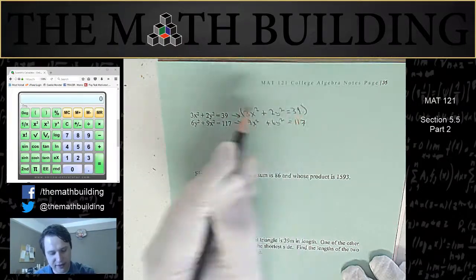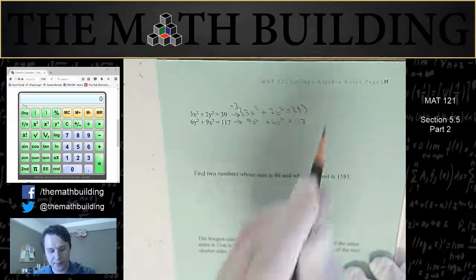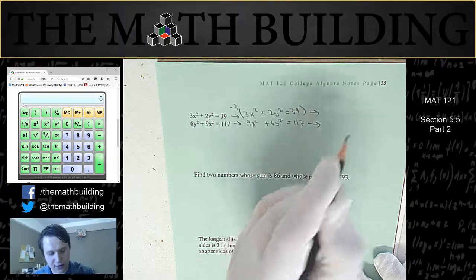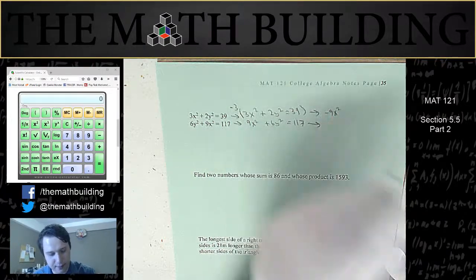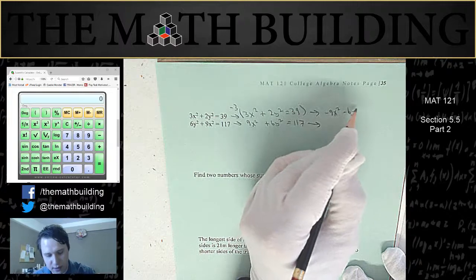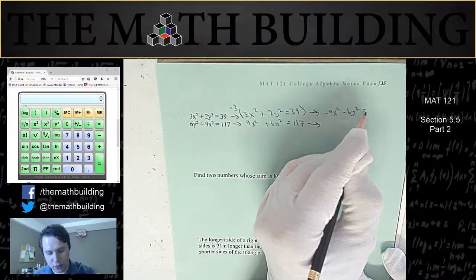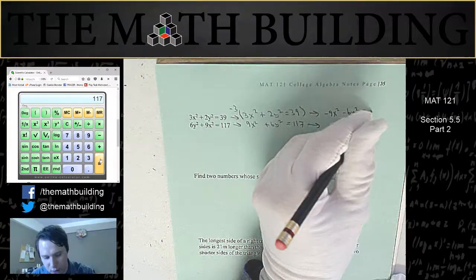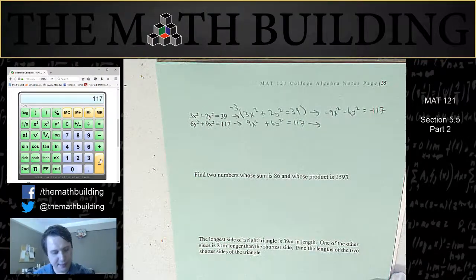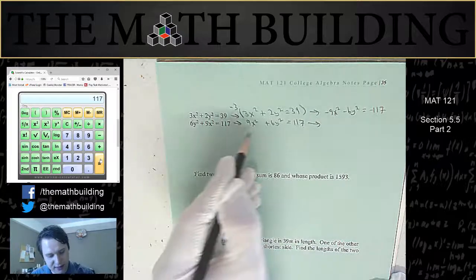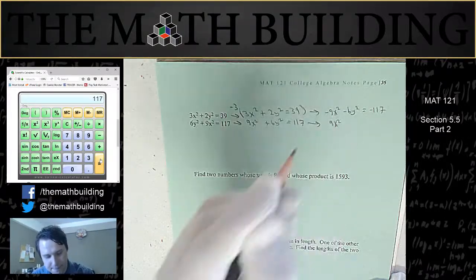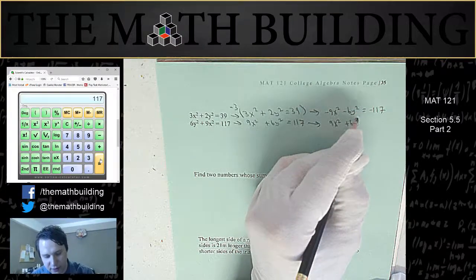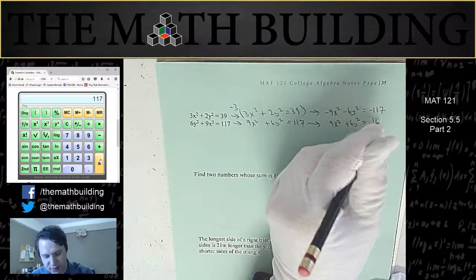So let's multiply the top equation by -3, and that gives us the following: -9x squared minus 6y squared equals 39 times -3, which is -117. And the bottom equation is 9x squared plus 6y squared equals 117.